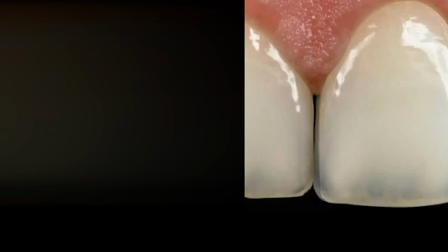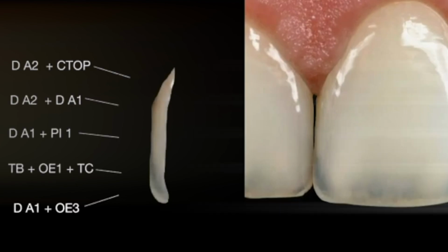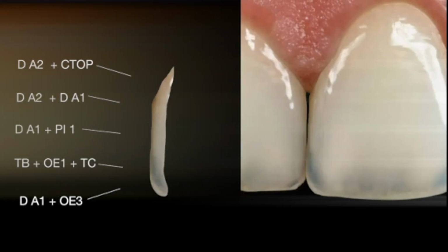So this is the simulation of our ceramic fragment. And if I need to layer this ceramic fragment, I will use pretty much this kind of mix between ceramic powders. It's difficult for a dentist to copy this kind of transition with a direct composite, and still it is not monolithic.